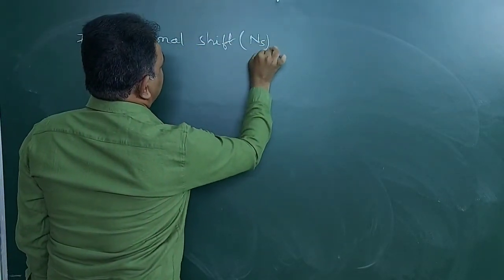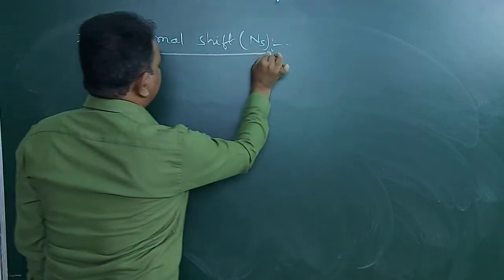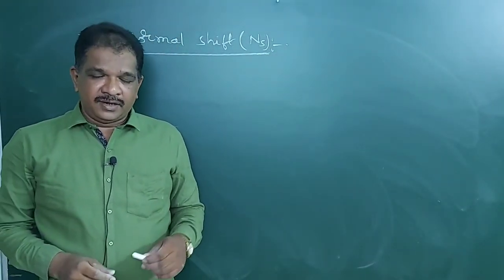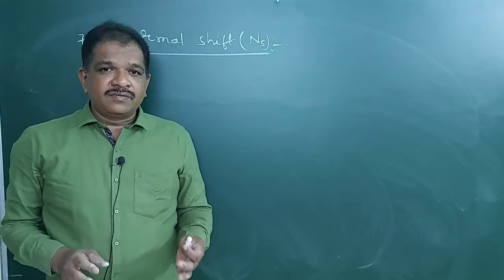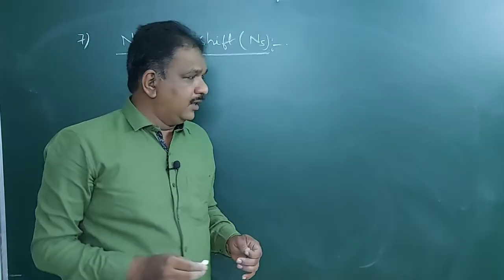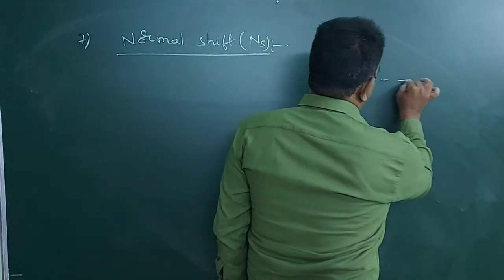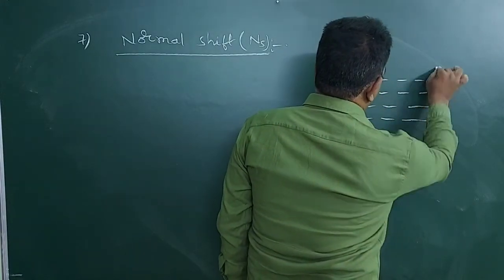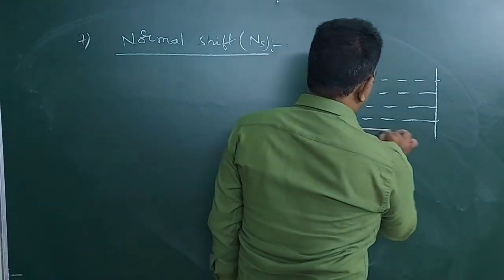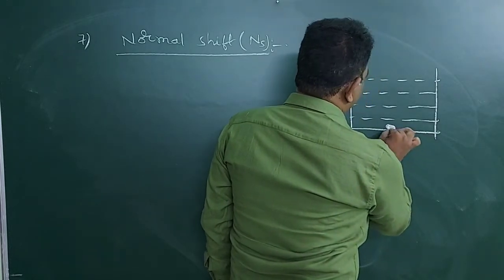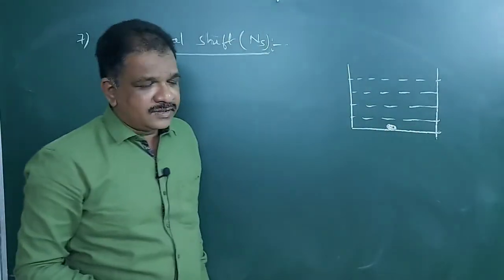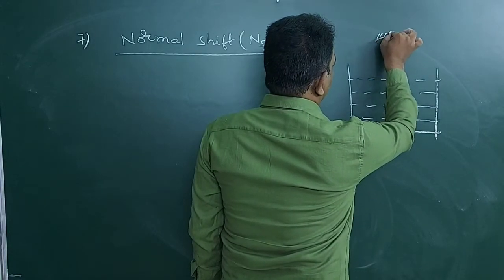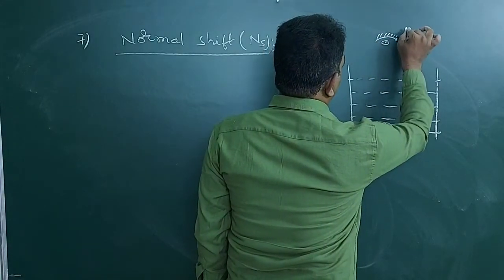Here two types of normal shifts will be there. First one will be the object is in the denser medium and the observer is in the rarer medium. Here water is there in a bottle, in a tank. At the bottom of the tank one coin is there. For example, we are observing the coin from air.